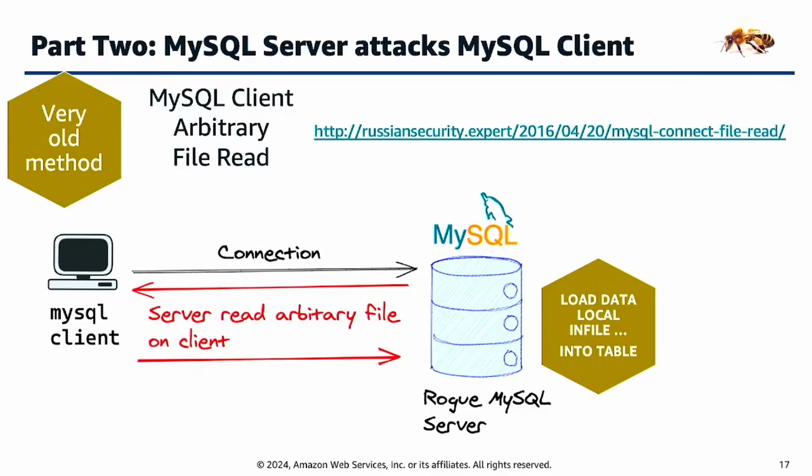Now, imagine you connect to a server and you do your query, whatever it is, select one. Instead of answering this query, the MySQL server will send over, give me an arbitrary file. And the client will give the content of that file back to the server. This is what it is. It's actually very old and has been fixed in all major versions now.